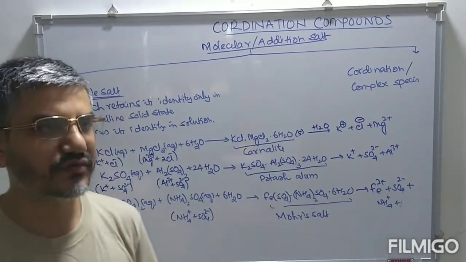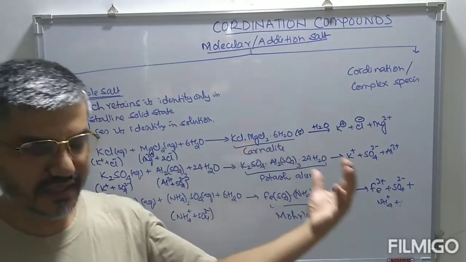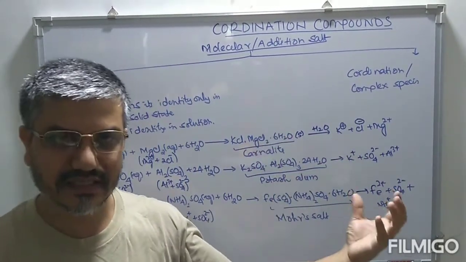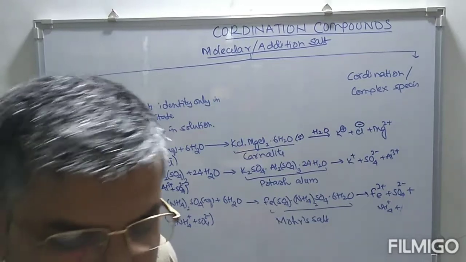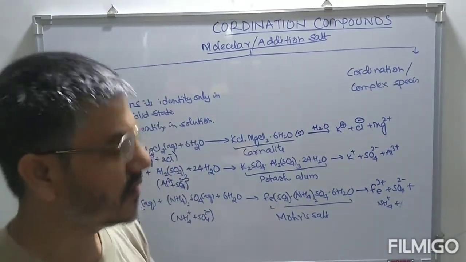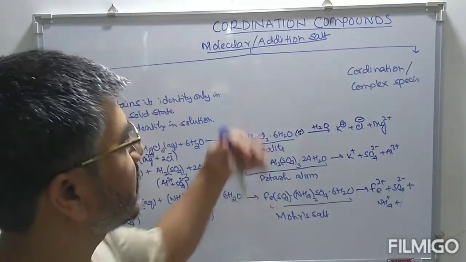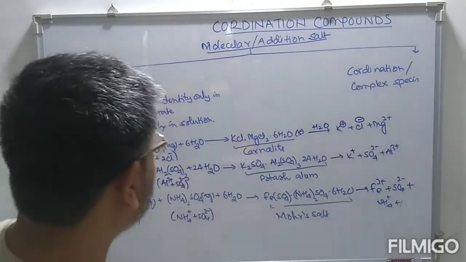So those types of salt or molecular addition compounds which retain their identity both in crystalline state and the aqueous solution, those are known as coordination compounds.